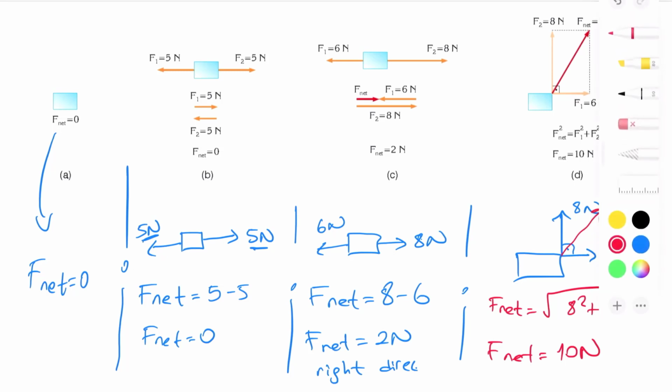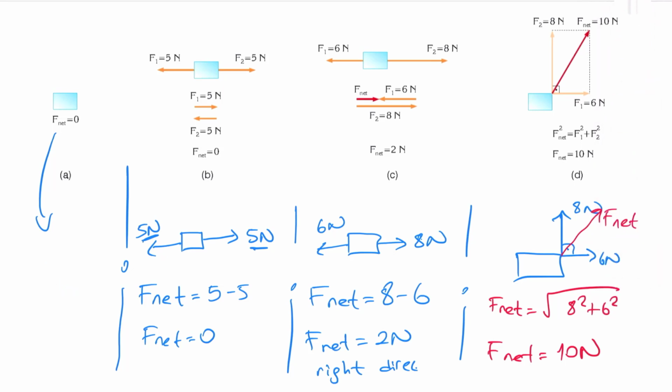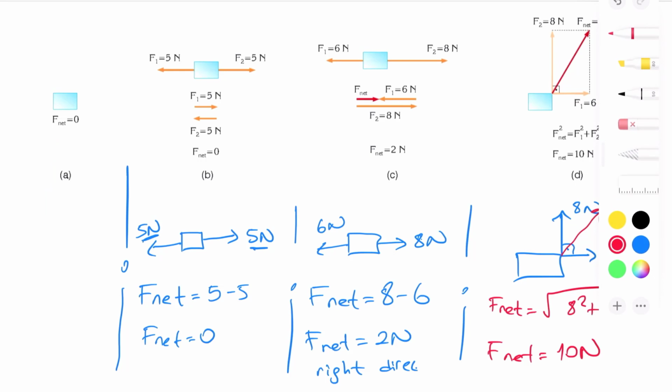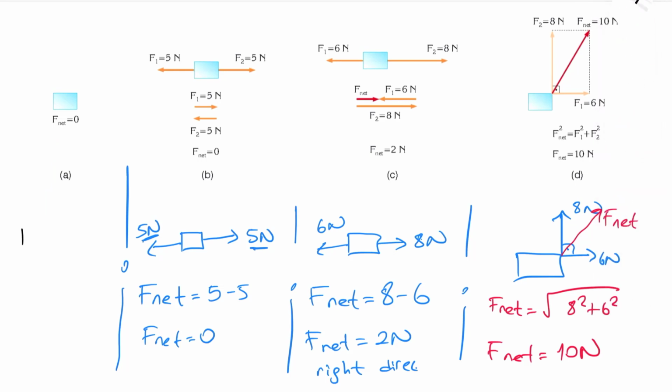I will give you one more example about the net force to explain it a bit more. Just imagine that we have an object here, and in the right direction we have a 5 Newton force and an 8 Newton force, and in the opposite direction we have a 1 Newton force.